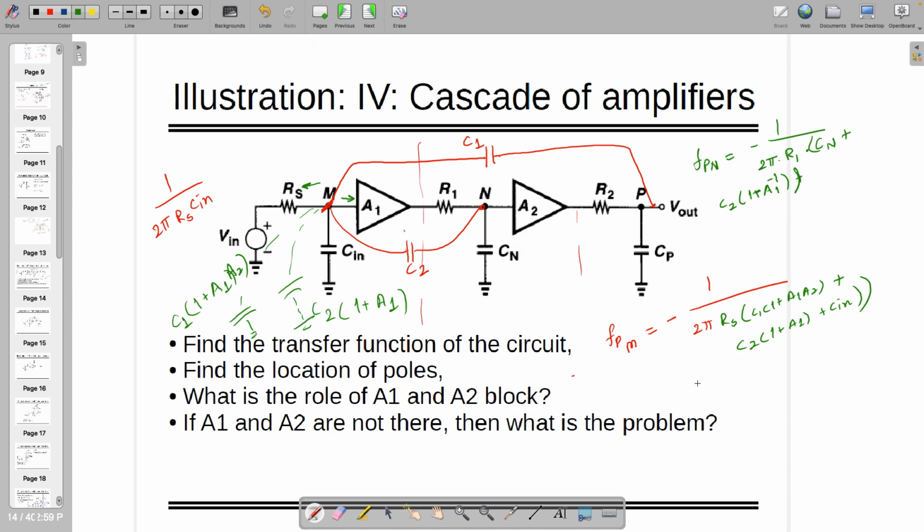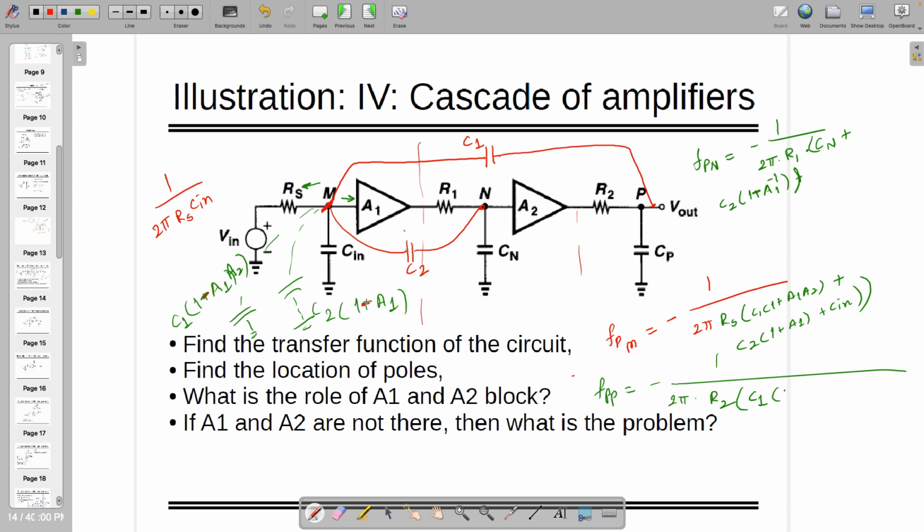Now somebody else. Pragya, can you try for FPP? C1, okay. C1 into, sir, if A1 and A2 are positive, also it should be C1 positive. Oh, everywhere it has to be minus, right? That is what you are saying. Please correct them with minus.